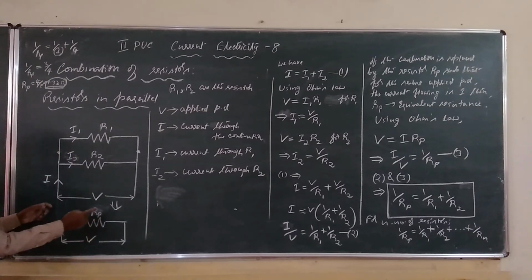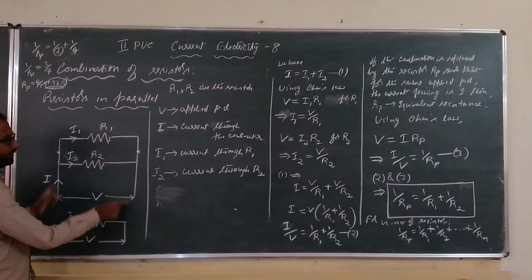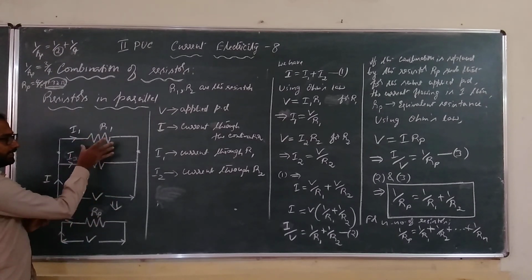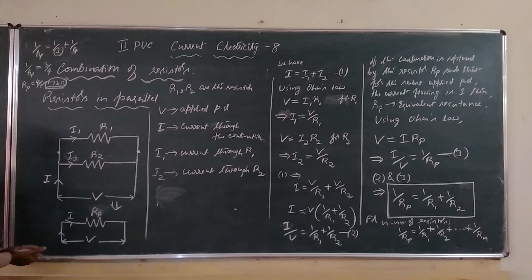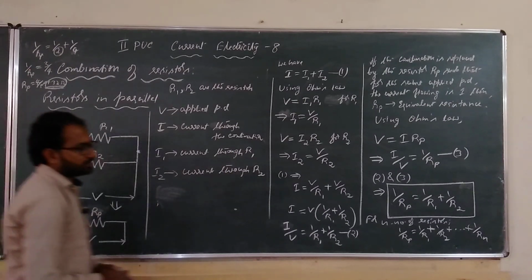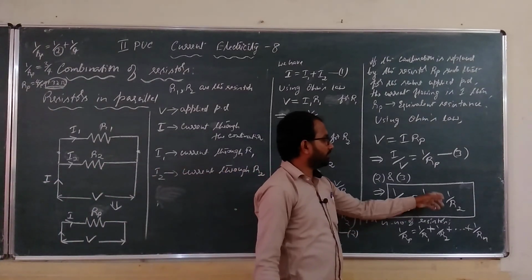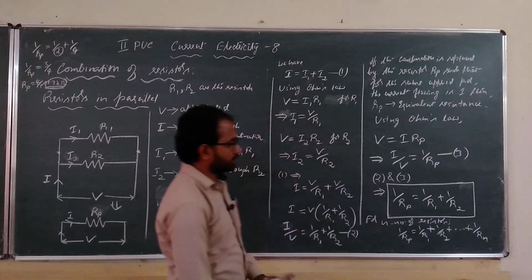Potential difference applied or appearing across each resistor is the same in parallel combination. Currents are different. Main current is I, but I is equal to I1 plus I2. The inverse of equivalent resistance of the combination is equal to sum of inverse of individual resistances.